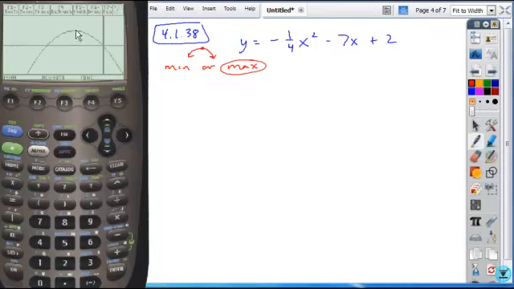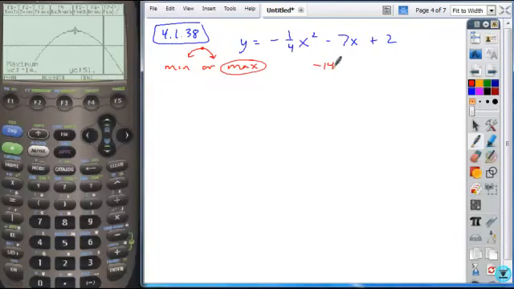And so if I wanted to use the graphing utility to find this maximum value, I'd simply go to the Math tab, F5, choose maximum. My lower bound needs to be to the left of this, which it is. My upper bound to the right. Hit enter. Okay, and so it tells me here my vertex is the point -14, 51. Okay, so the value that I'm looking for is the y value. So 51 would be your answer for that.